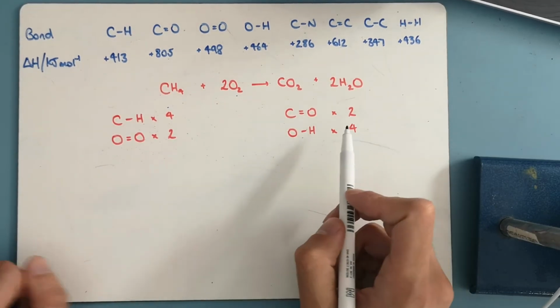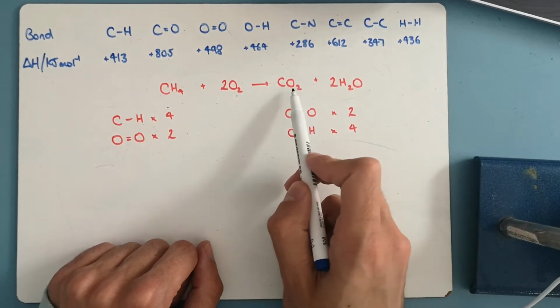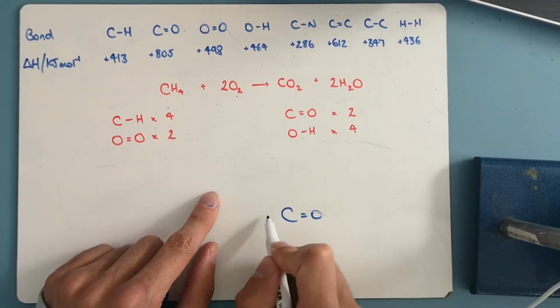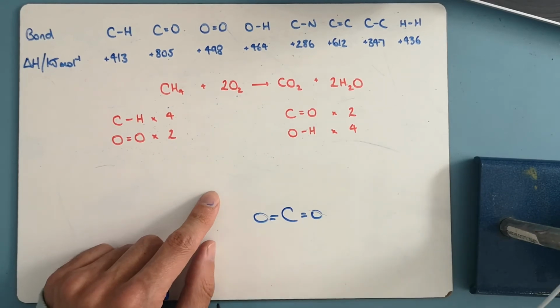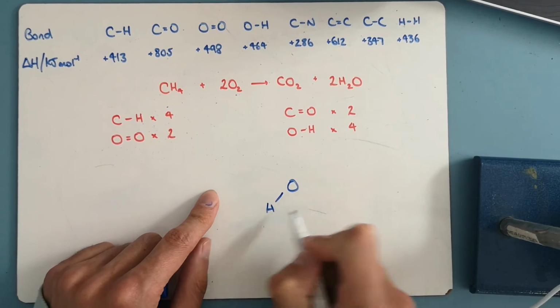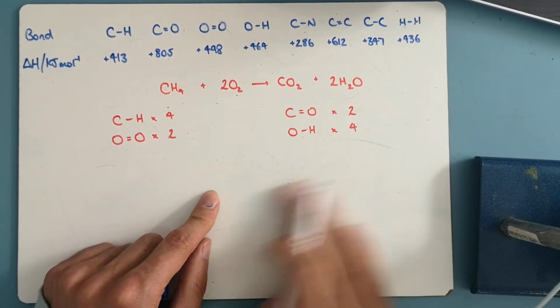In my products, I've got here C=O, and that's in carbon dioxide. There's only one carbon dioxide, but carbon dioxide has two C=O bonds in it, which is why I'm timesing it by 2. And water has 2 O-H bonds in it, but I've got 2 waters, so that's 4.